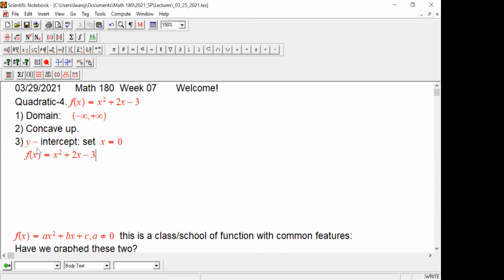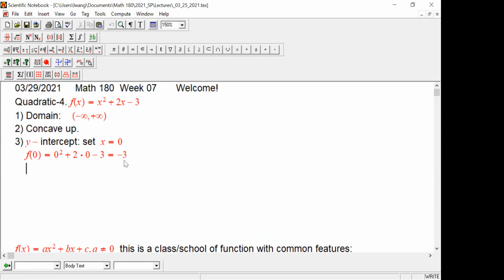So when we set x equals 0, this is a 0, and that's 0, so we got -3. So when the input is 0, the output is -3, and that is the y-intercept. Do you guys see that process? Yes. Okay, because the reason we set x equals 0, I want you guys to understand the reason. It's very important.